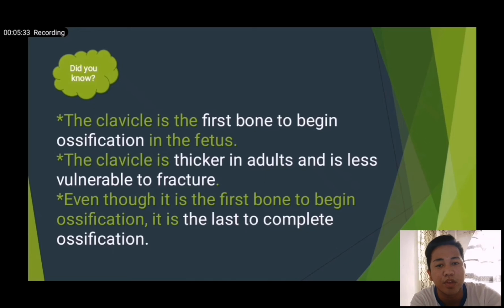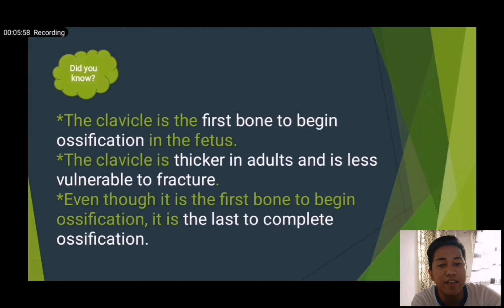Okay, so did you know the clavicle is the first bone to begin ossification in the fetus? Ayan. So, alam nyo ba na yung clavicle, yun yung pinakaunang bone na magpo-form kapag fetus pa lang. Ayan. So, the clavicle is thicker in adults and is less vulnerable to fracture.